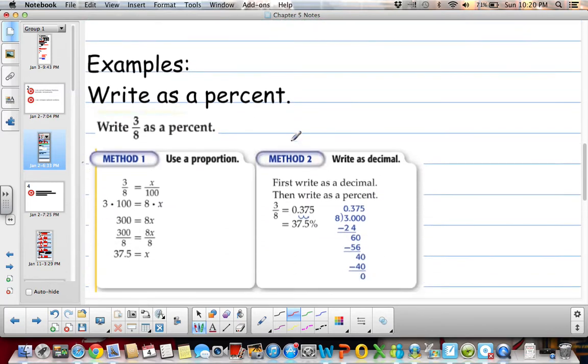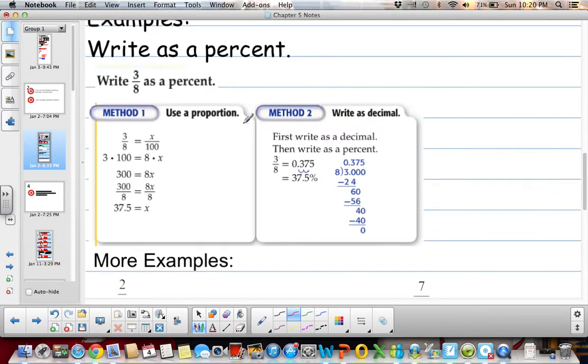So there's a couple different ways to do it. I just want to show you. If we want to write 3/8 as a percent, well, we know that 3/8 is going to be something over 100, which that something would be the percent that we figure out. Because remember, our percents are always over 100.